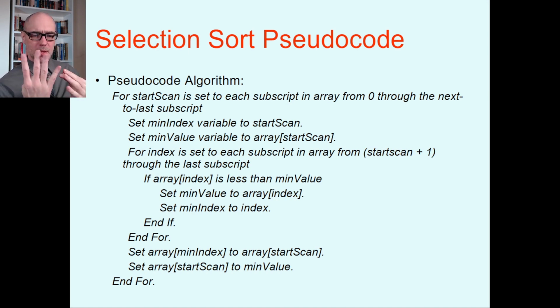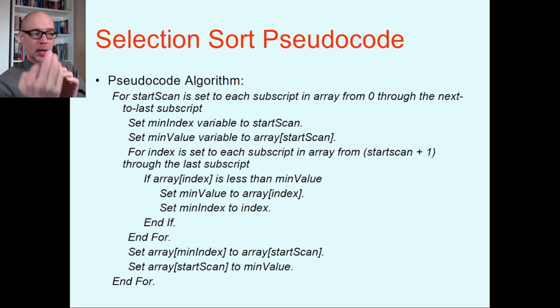This outer for loop is really saying, I'm going to find what belongs in position 0 and put it there. And later on, I'm going to find what belongs in position 1 and put it there. And that's what startScan is really there for. It's indicating which index you're trying to find the correct value for. What am I trying to fill on this particular pass?